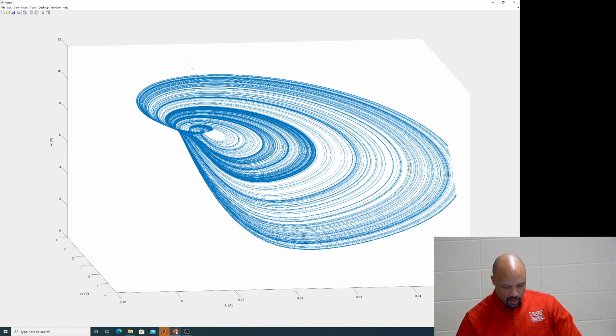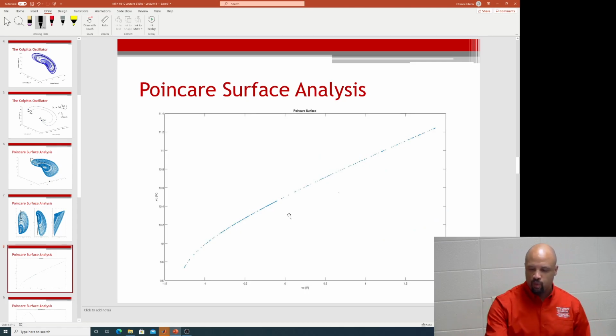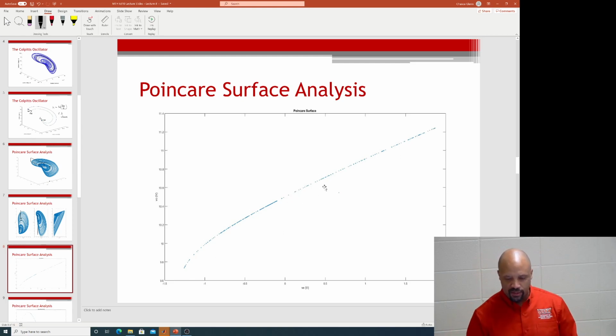Okay, but if you take a look at it, this is what it looks like as you're cutting through that surface. It's this arc that runs through, and each point that passes through is going to have another point later, right?